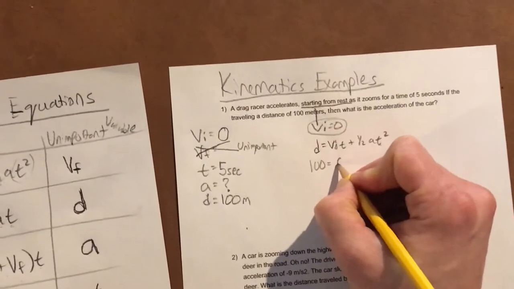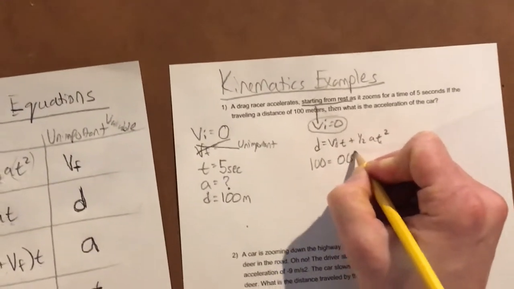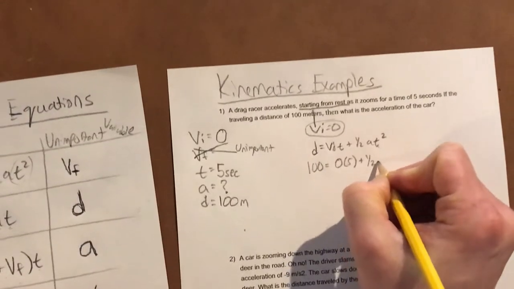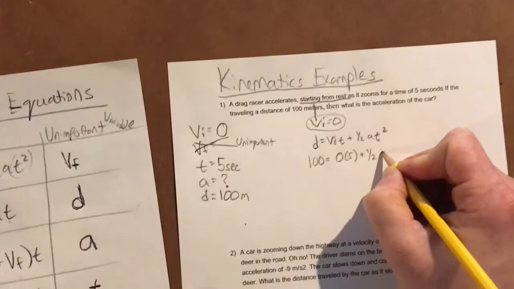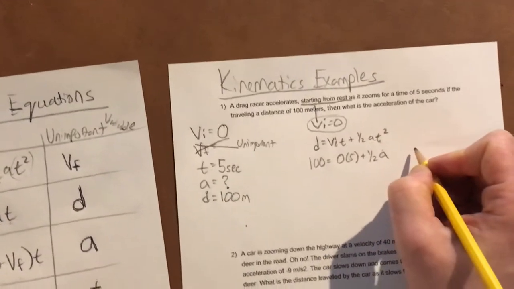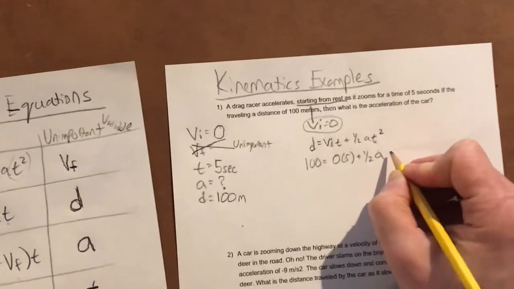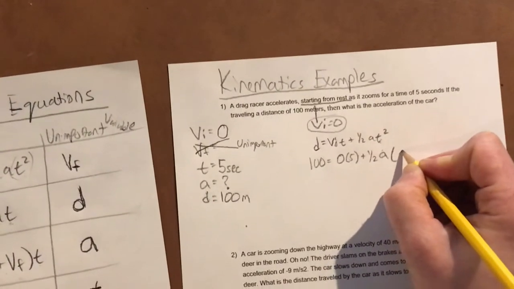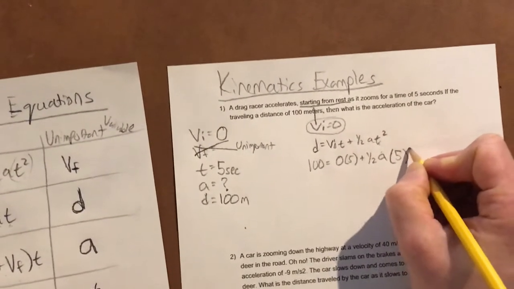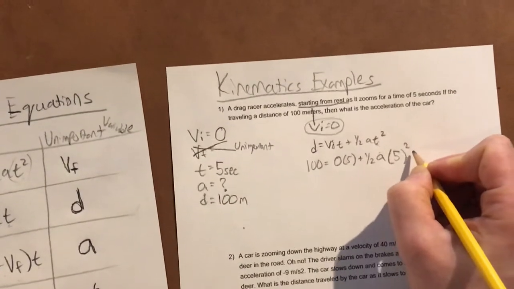VI is 0. T is 5 plus a half times A. Oh, A is question mark, so I don't actually write anything, I just write A for that. Then T, I plug in a 5 for T again, and the 5 gets squared.